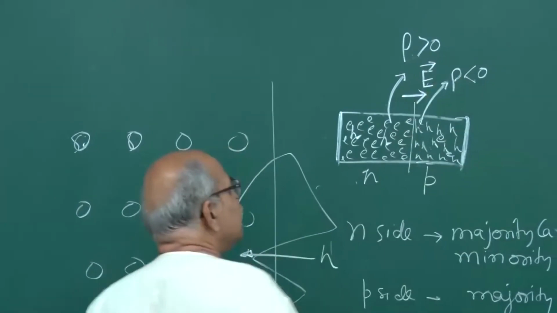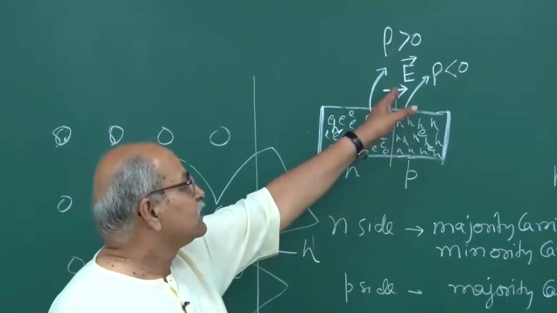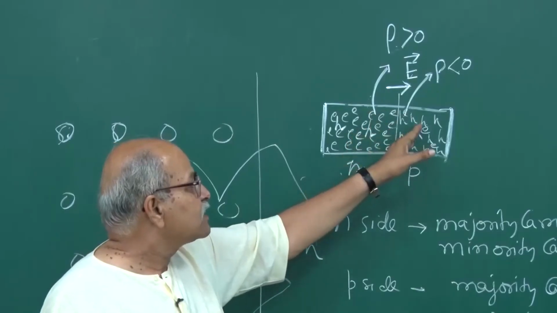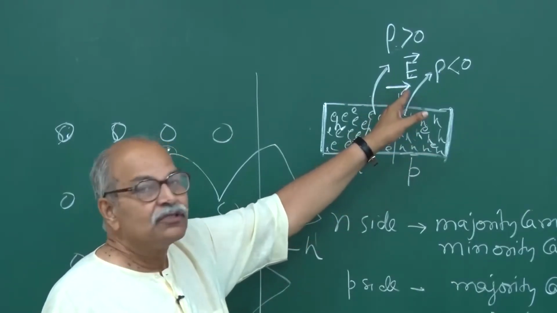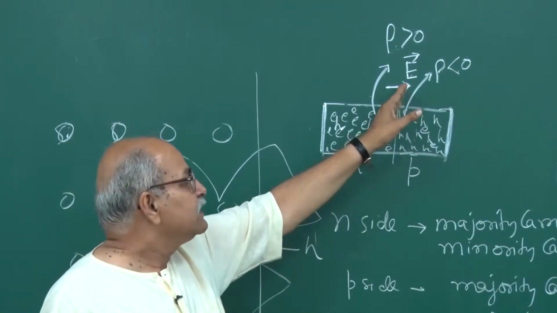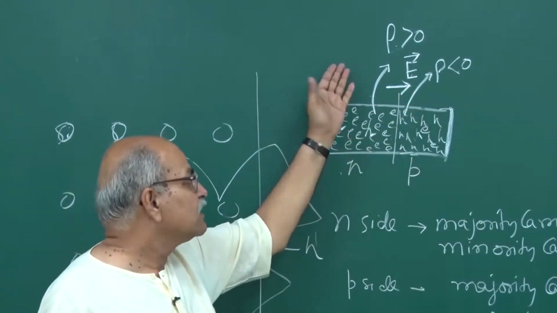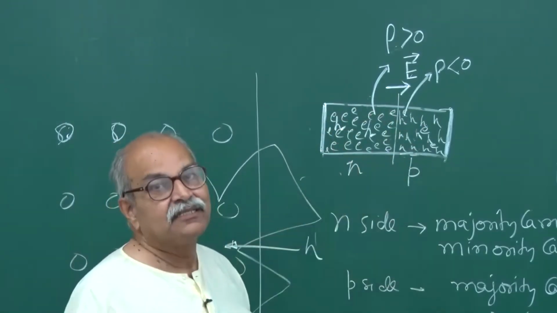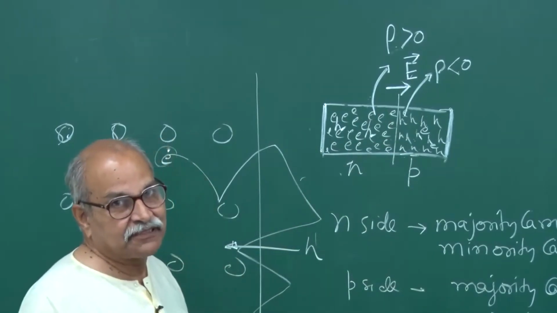And this electric field will oppose diffusion. Okay? If the electrons are trying to come from left to right and the electric field is also in the same direction, the force on the electron is in the opposite direction, negative charge, and therefore that force will resist diffusion, will oppose diffusion.